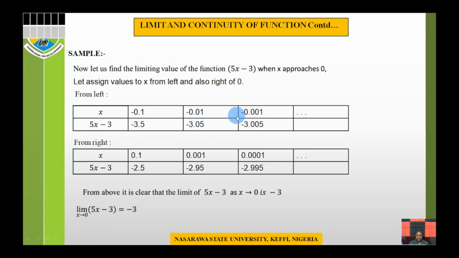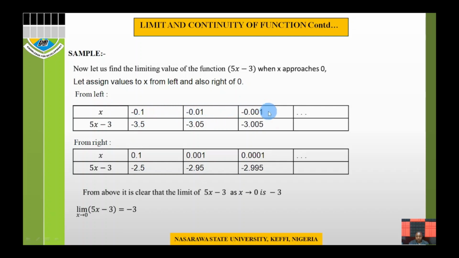And when x takes the value of minus 0.001, the value of f of x is minus 3.005.